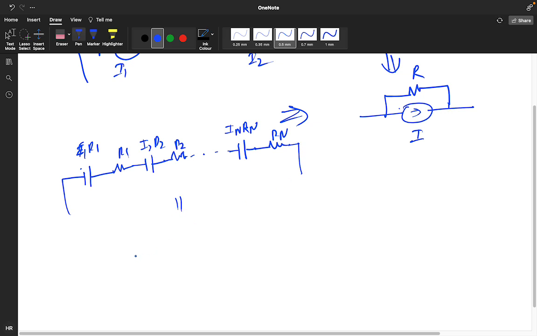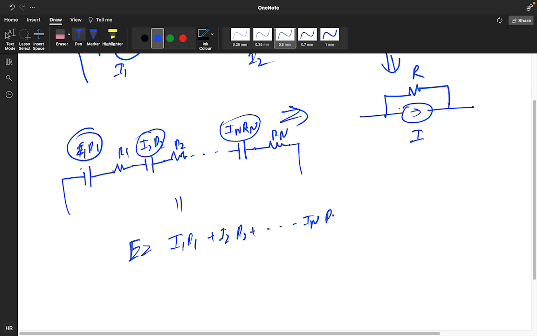So what will be the overall voltage? Your capital E will be this plus this plus this: I1 R1 plus I2 R2 plus dot dot dot IN RN. And what is the equivalent resistance? All are in series, so R will be R1 plus R2 dot dot dot RN.